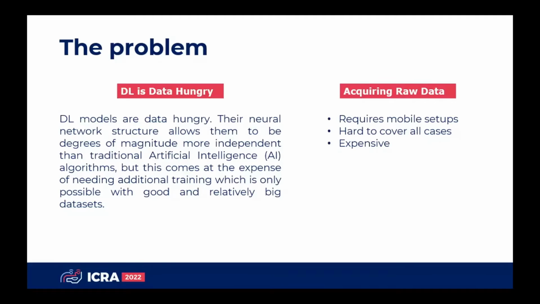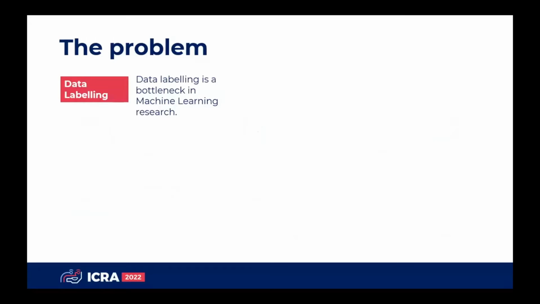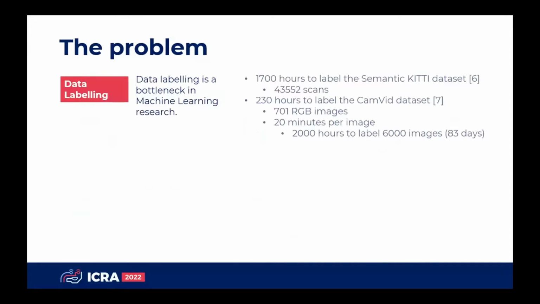And as you can imagine, it's much more difficult to label lidar points on the point cloud than to label pixels on the image. So that's why we came up with the notion that we need to try to address the data labeling problem.